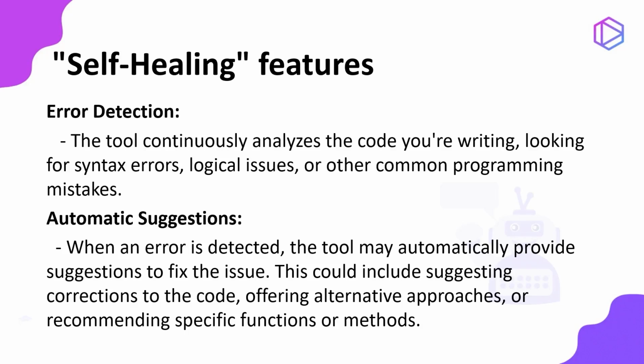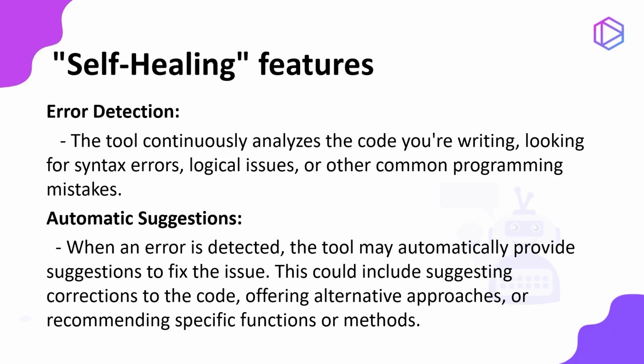The tool continuously analyzes the code you are writing, looking for syntax errors, logical issues if there are any, and other common programming mistakes from day-to-day activities. Automatic suggestions. When an error is detected, the tool may automatically provide suggestions to fix the issue.